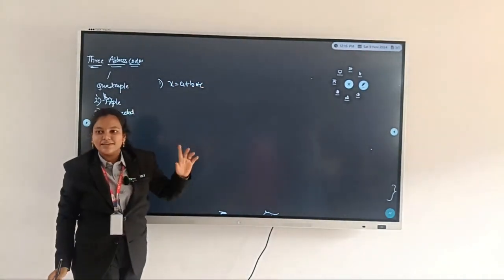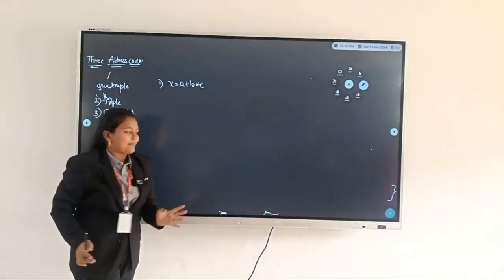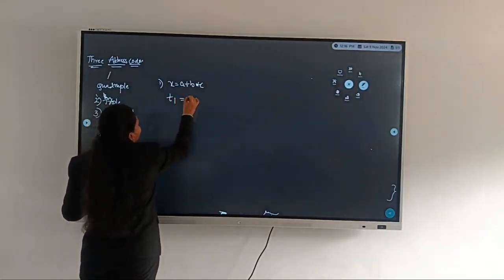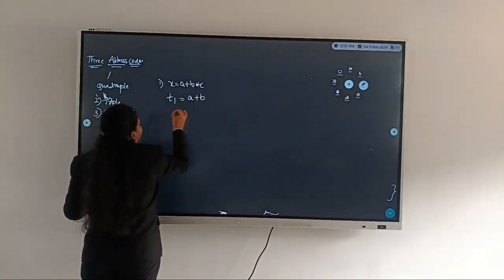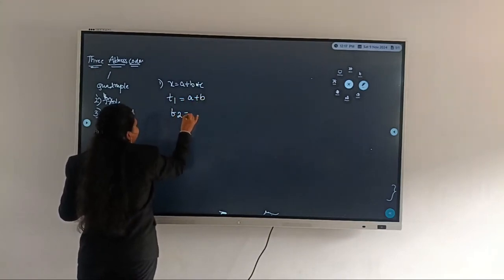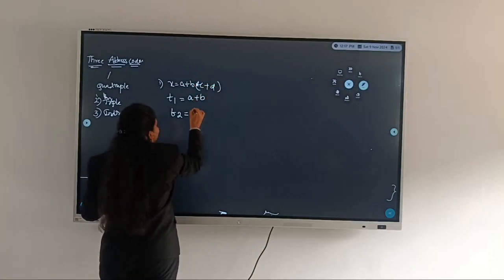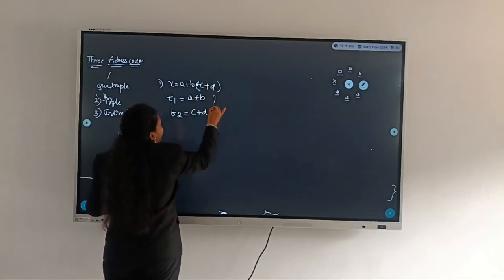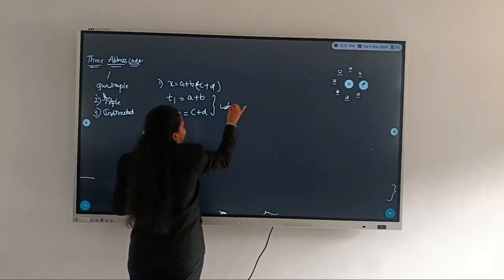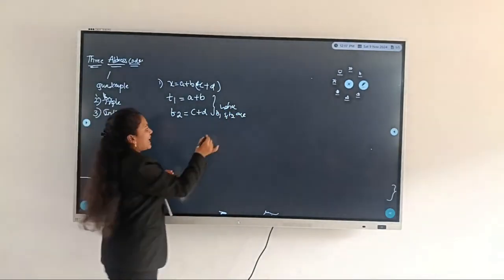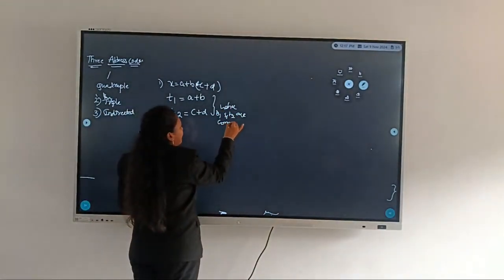This expression will be converted into several parts, where T1 equals A plus B, T2 equals C plus D, where T1 and T2 are the temporary blocks which are generated by the compiler.